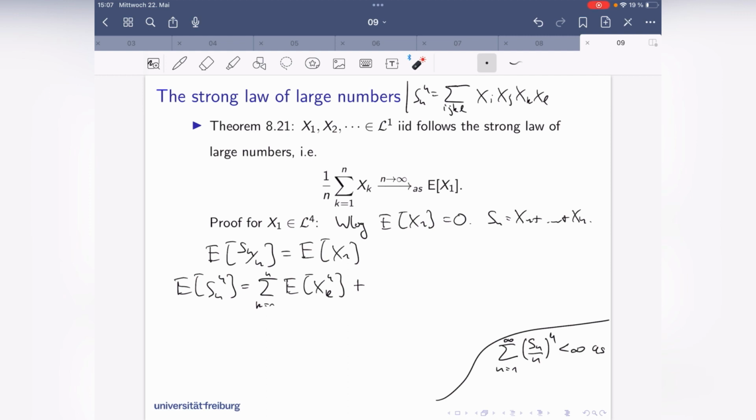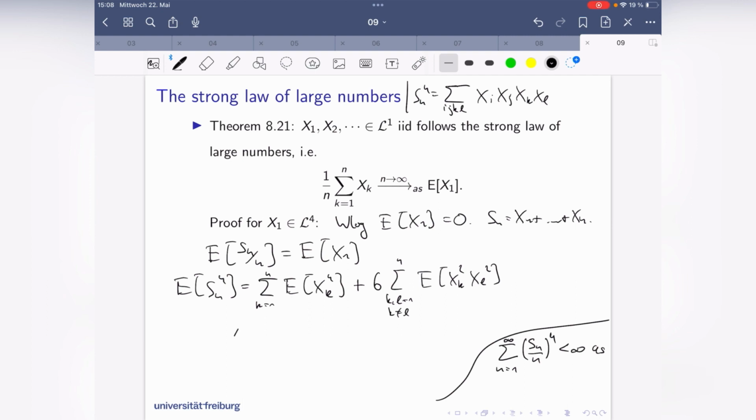If I have the same index twice somewhere, I can have that 2 out of 4 times, and then k, l from 1 to n, but k does not equal l, I have the expectation of xk squared xl squared. And all the rest vanishes, because if there is one index which only stays once, the expectation of the product is the product of the expectations, which will be 0 anyway.